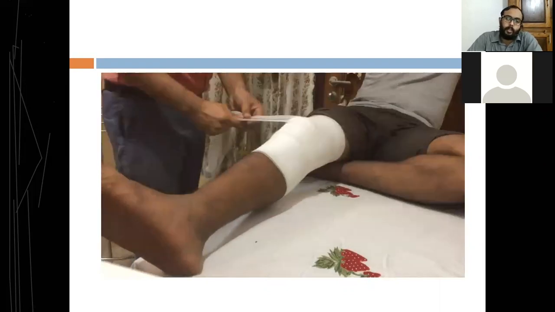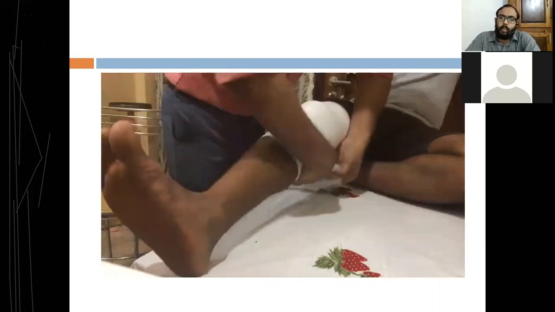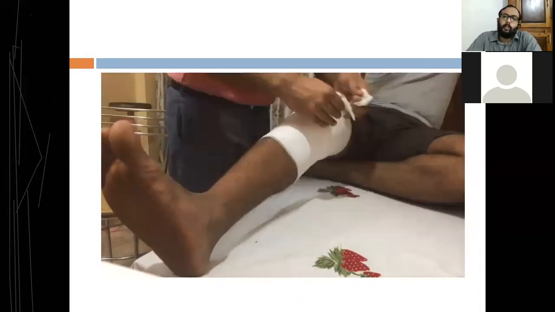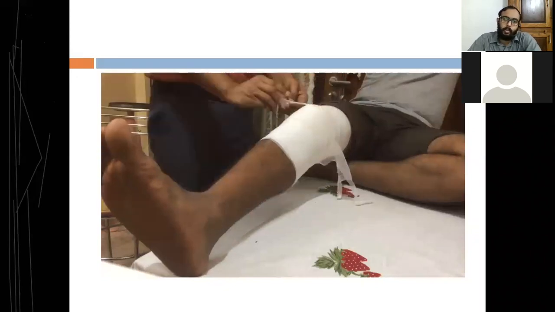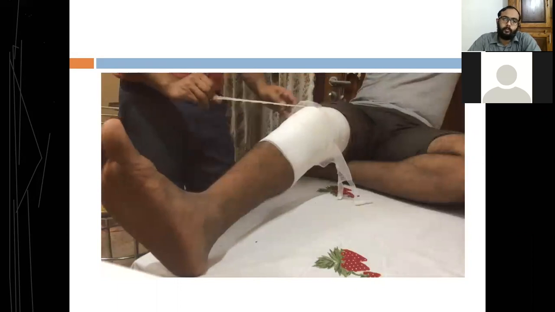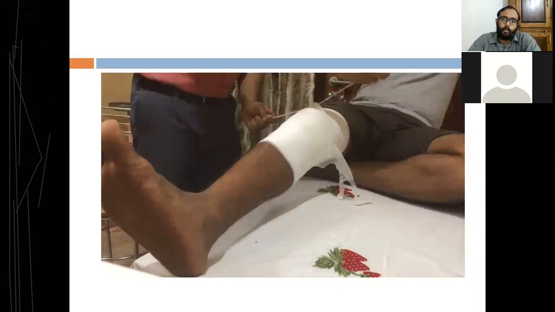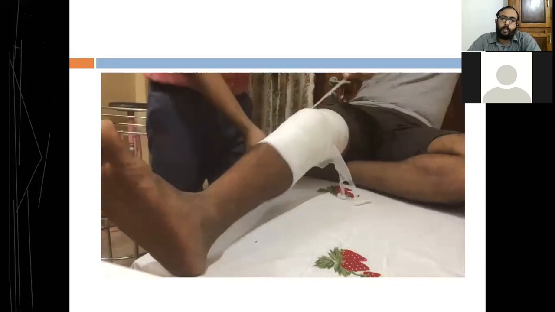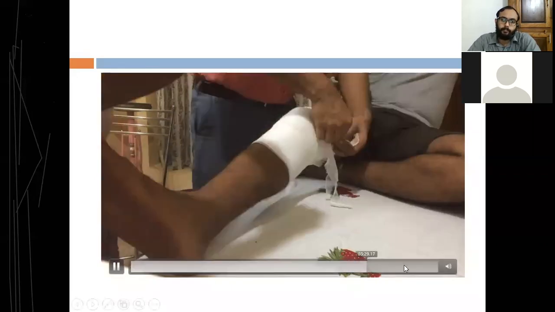If we are doing POP cast, we apply a stockinette. Otherwise, in simple bandages, we can use a gauze piece or muff and then cotton is applied. Here we are tying on the proximal aspect of patella and then the second is tied over the distal aspect of patella.